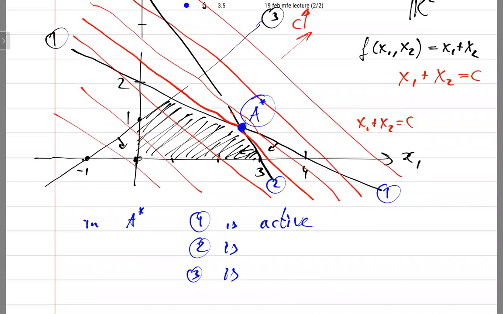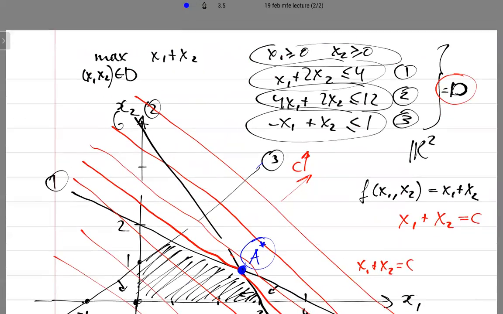Which constraints are active? The second is active, the third is inactive. Yeah, I completely agree that the second is active and the third is non-active. Active means equality.